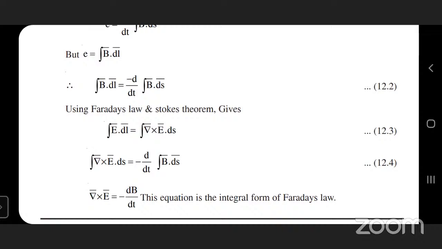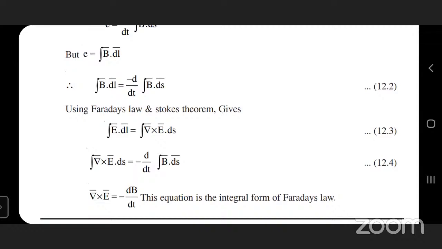Both sides are surface integrals, so you can remove them, and you get curl E, or del cross E, equals minus dB by dt. This is the differential form of Faraday's law.